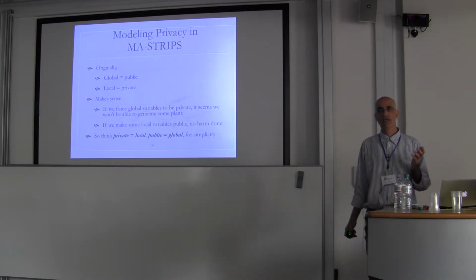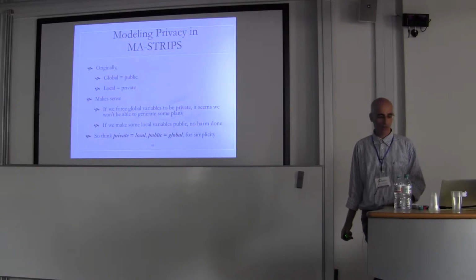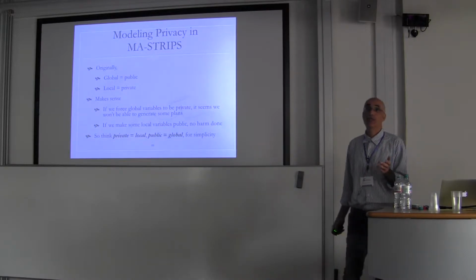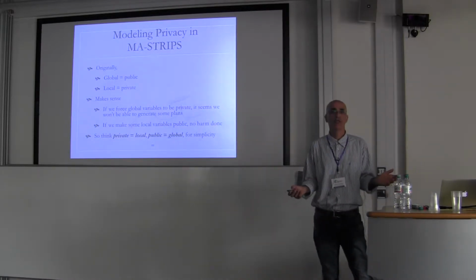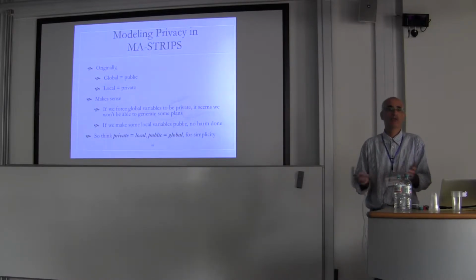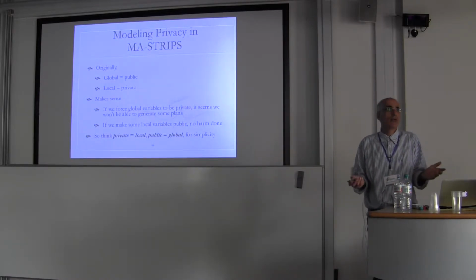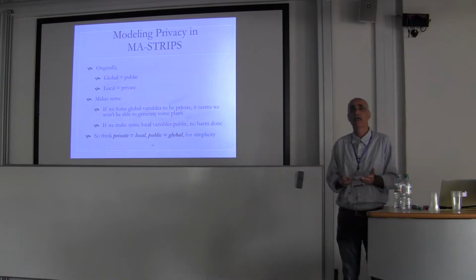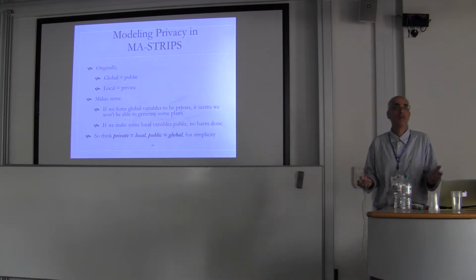So suppose that, for instance, the location of the package. If I make this private, and I don't want to expose this information, then some agents that need this information in order to carry out their action won't be able to carry out the action. They won't know the value of a variable as a precondition for their action.